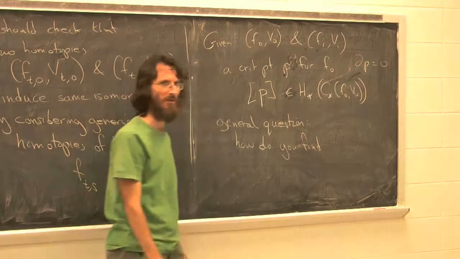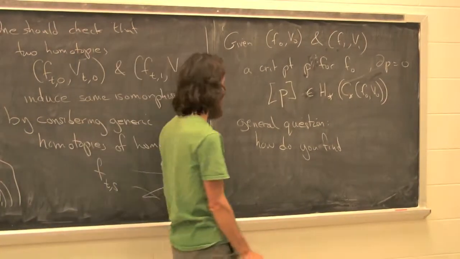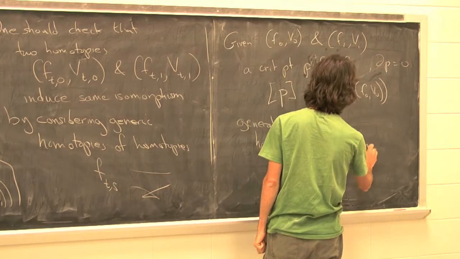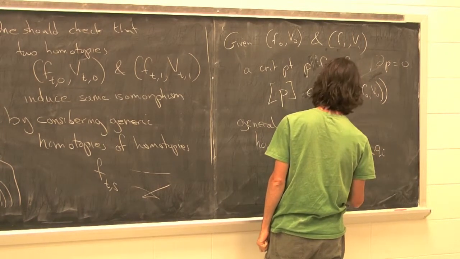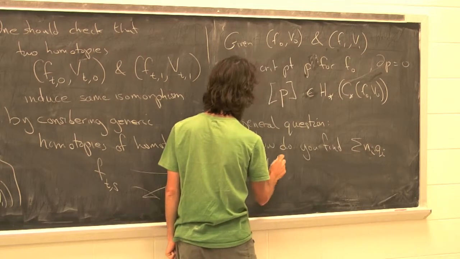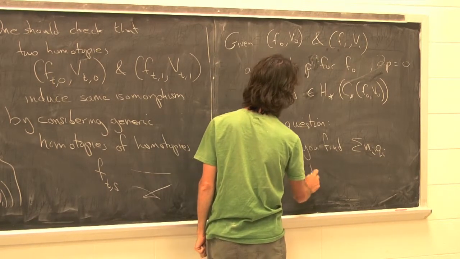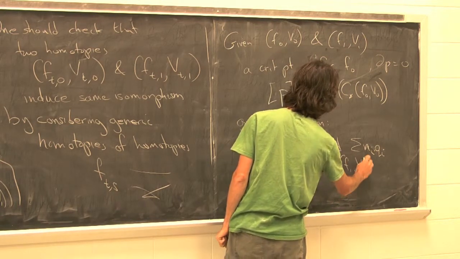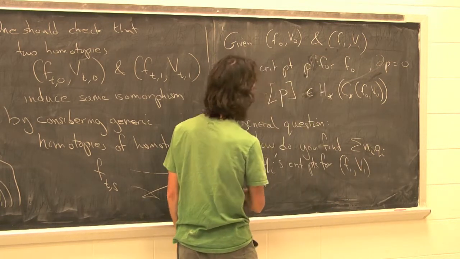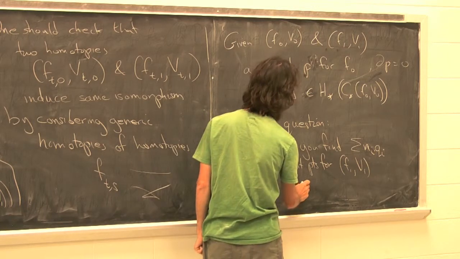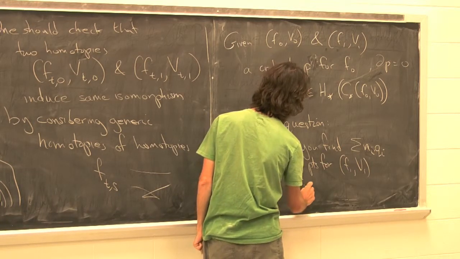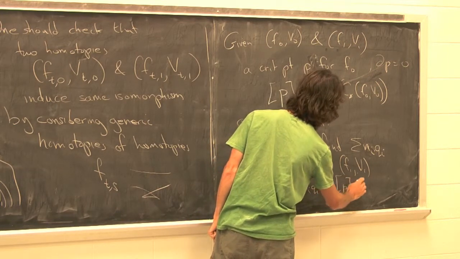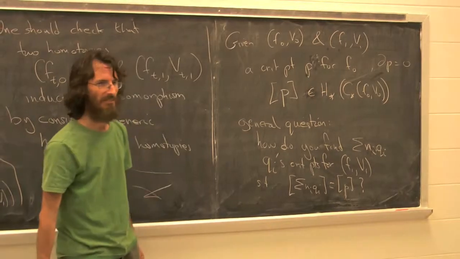How do you find the sum of, let's say, Q_i's, critical points for F1, V1, such that the homology class of the sum of Q_i's equals the homology class of P?